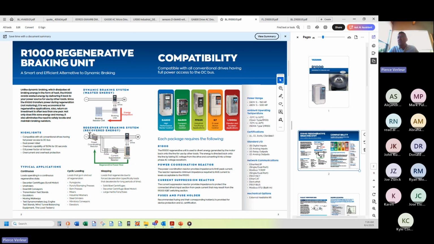And it has some extra filters associated with it. It's a very interesting alternative, probably twice the cost of traditional dynamic braking, but effective when required. One other thing you need to know about this is that it's pretty much going to trash your power quality on the line, but only during regen.